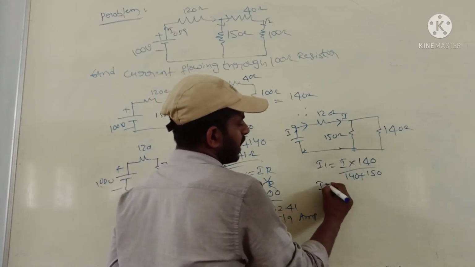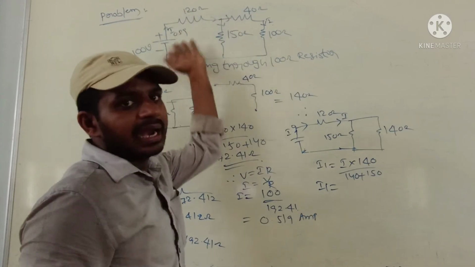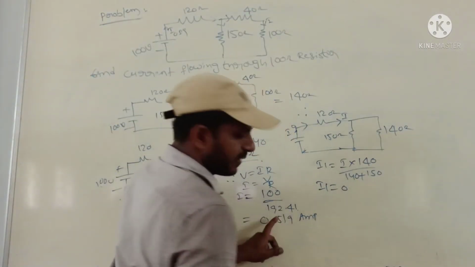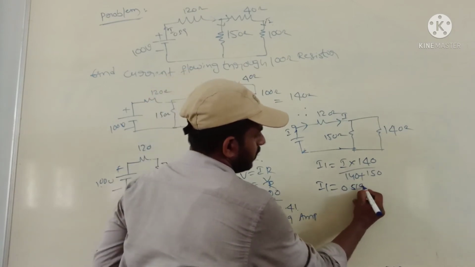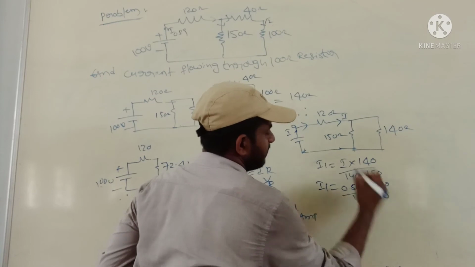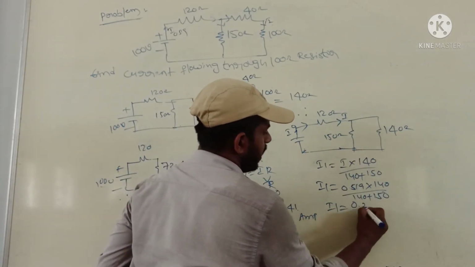We already know the total current flowing through the entire circuit, I is equal to 0.519. So 0.519 into 140 by 140 plus 150 gives 0.25 amperes.